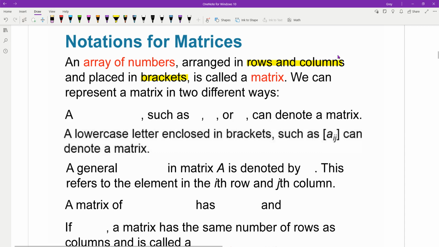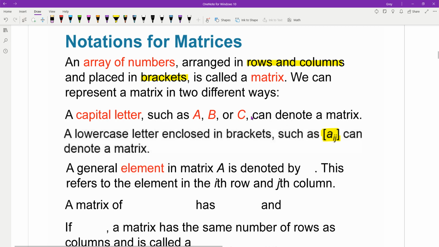Matrices are denoted with capital letters, A, B, C, D, whatever, and the capital letter X to represent a variable. It could also be a lowercase letter enclosed in brackets with i and j representing the rows and columns. But more often than not, we're going to see it as just a capital letter.